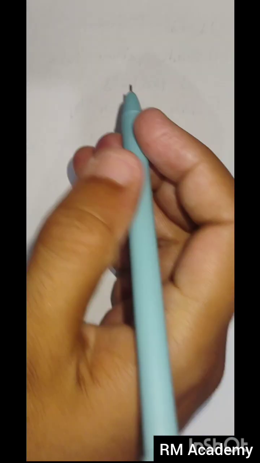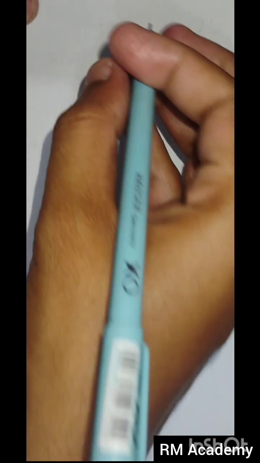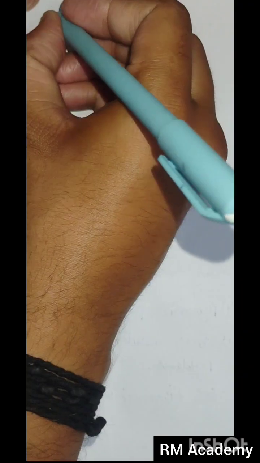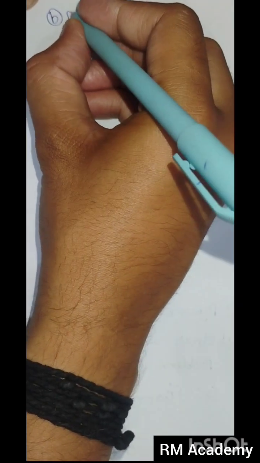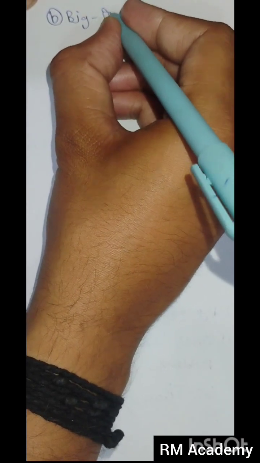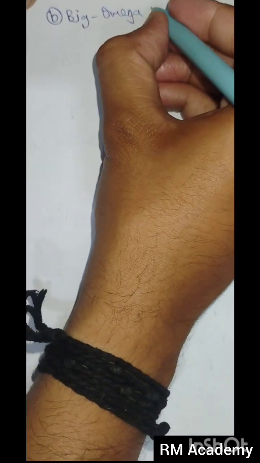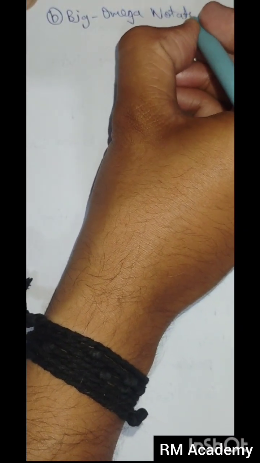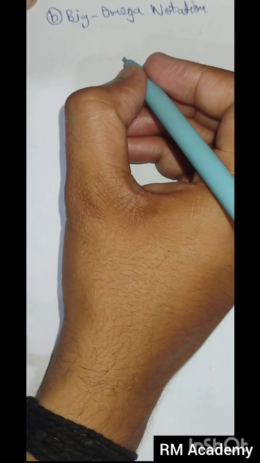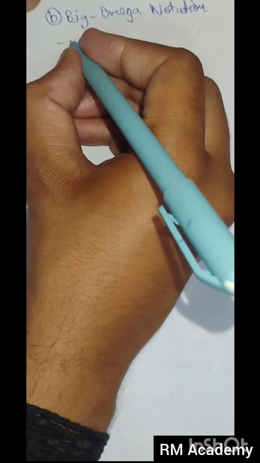Now, the next type of asymptotic notation is big omega notation. Big omega notation gives lower bound.